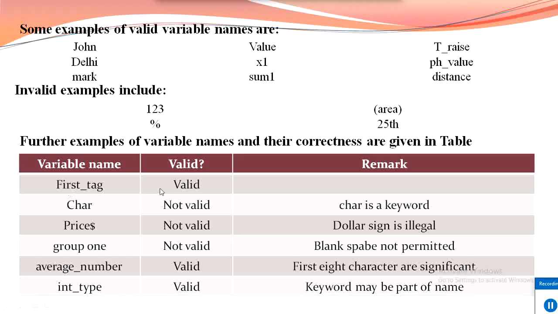First, _tag, it is valid. char, not valid because it is a keyword. price$, not valid because dollar is an illegal sign. group one, with a space, not valid because blank space is not permitted. average_number is valid because it does not have any special character other than underscore, but only the first 8 characters are significant. int_type is valid because int is a keyword but it is used with another word, so it can be a valid variable. Thank you.